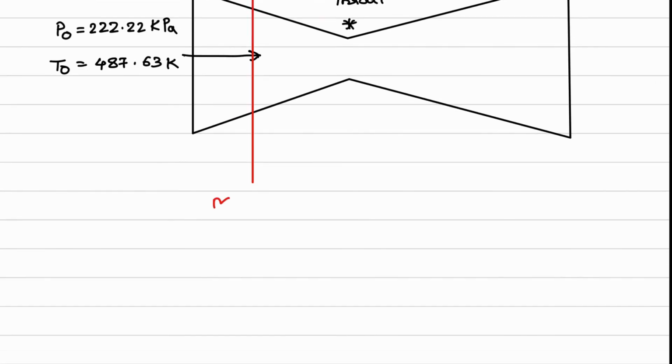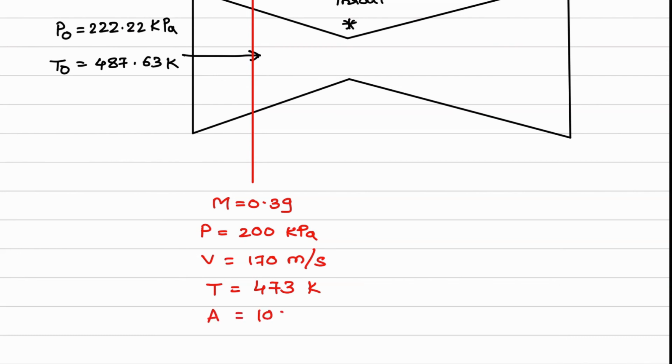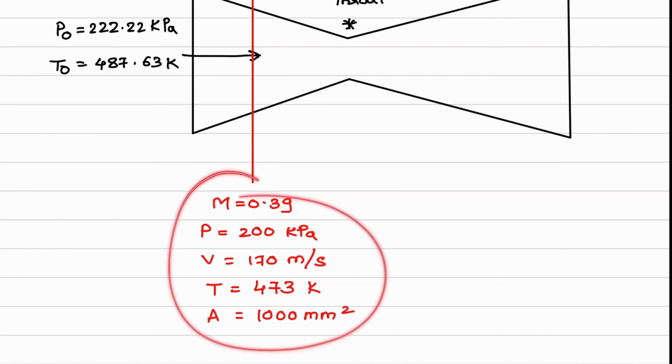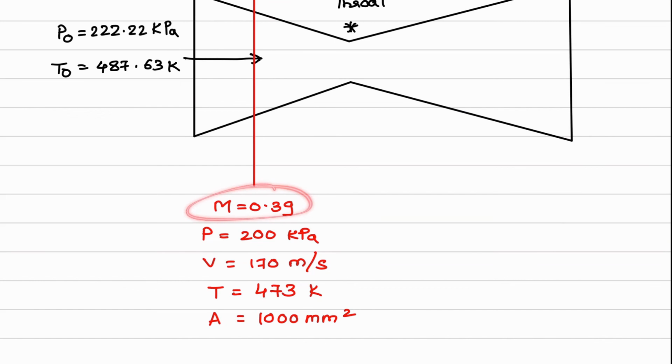Mach number came out to be 0.39. Then pressure P, it was given in the question, 200 kilopascal. Velocity 170 meter per second. Temperature equal to 473 Kelvin, and area equal to 1000 mm square. Now all this data was given in the question, except Mach number which we found out.